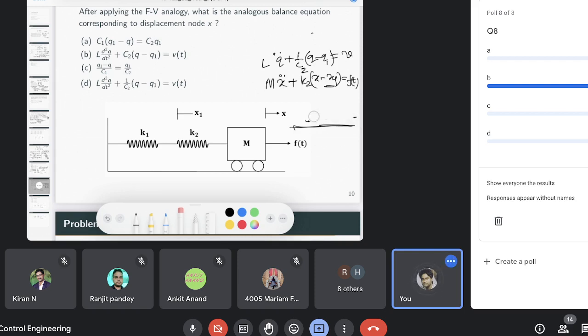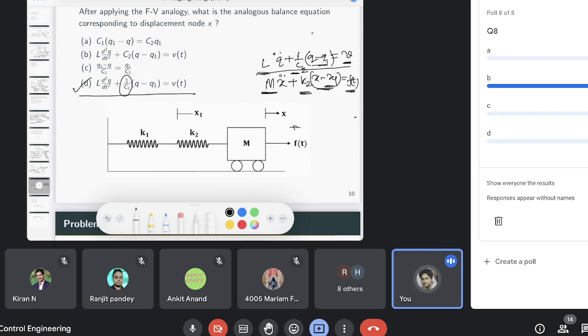So now you can see this analogy, right? Your M should correspond to L, your k2 should correspond to 1 by C2, and your charge should correspond to this displacement. Then you have the F and V analogy. Note that this C2 is in the denominator.